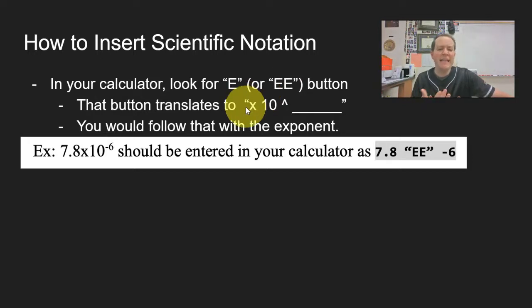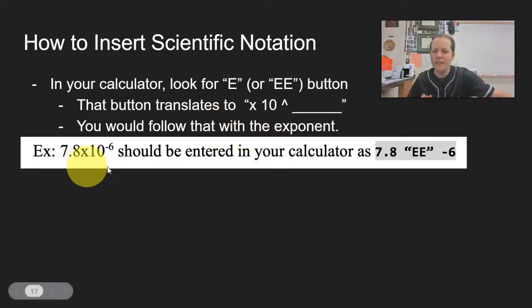See if you can find an uppercase E or an uppercase EE. That button means times 10 to the. That's what your calculator is translating that as. When you hit that button, your calculator reads it as times 10 to the, and then you fill in the blank. You follow that with the exponent.